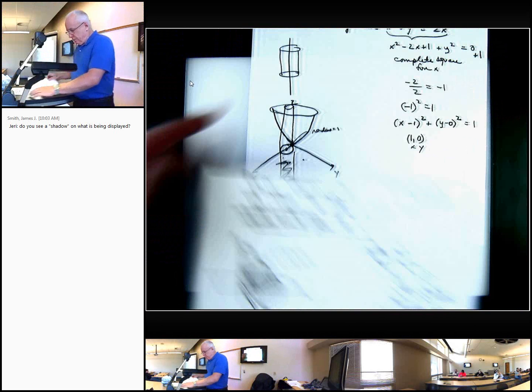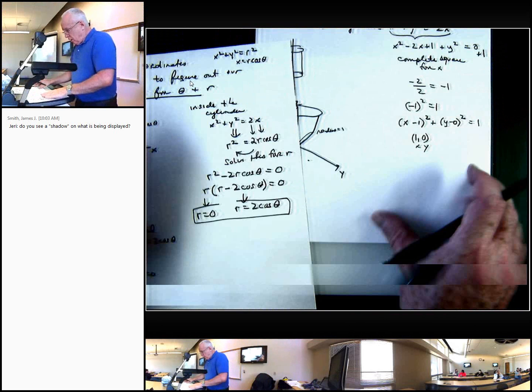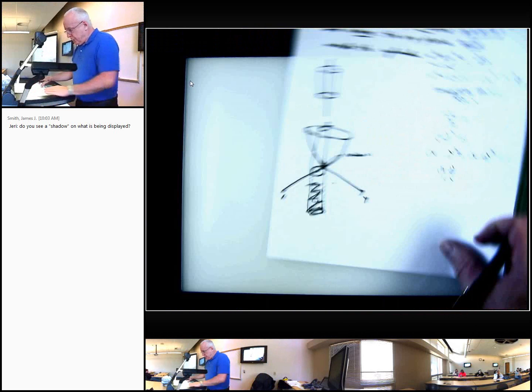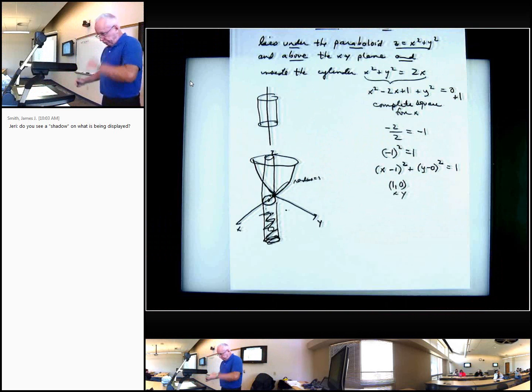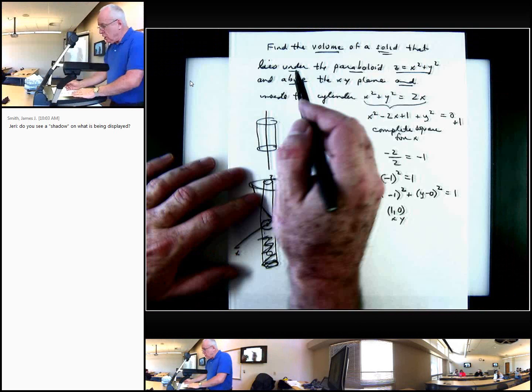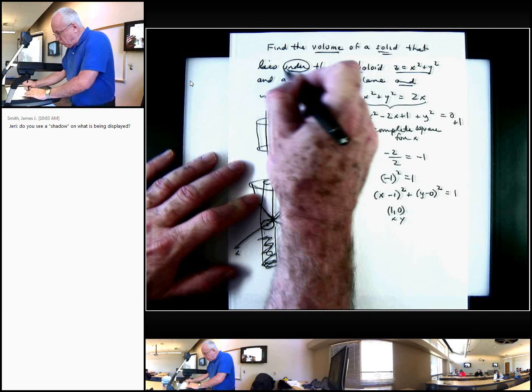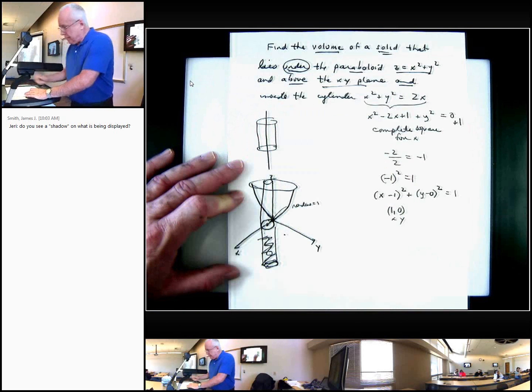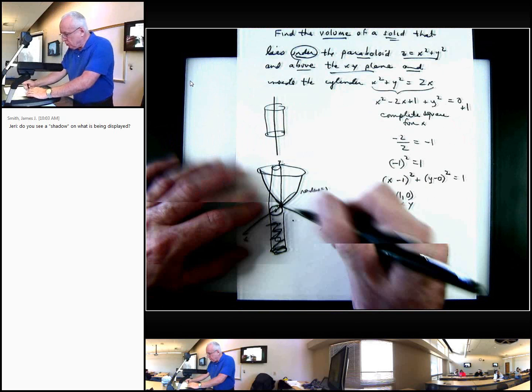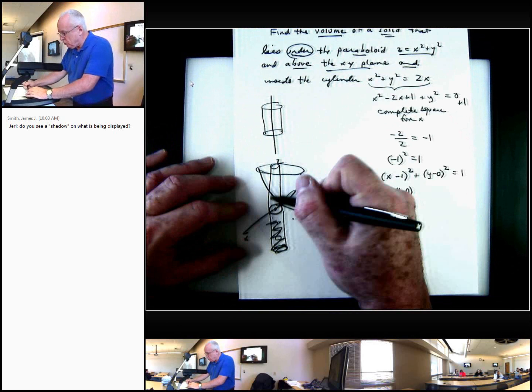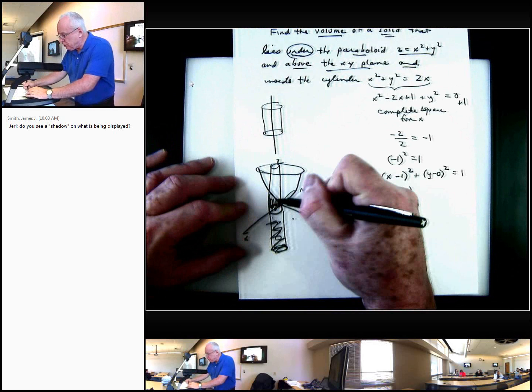Now, this region here, let's go back to this. We're talking about the region that's under this paraboloid and above the xy plane. So looking at my messy diagram here, we're talking about this region right here.